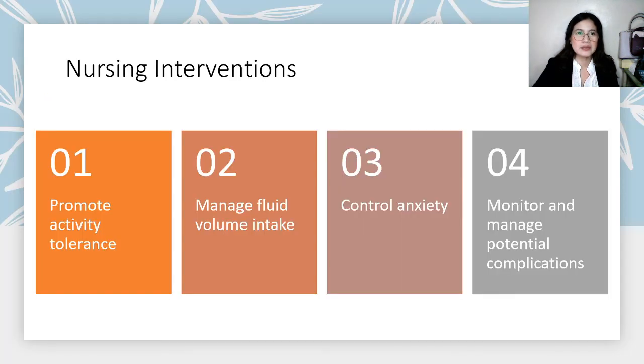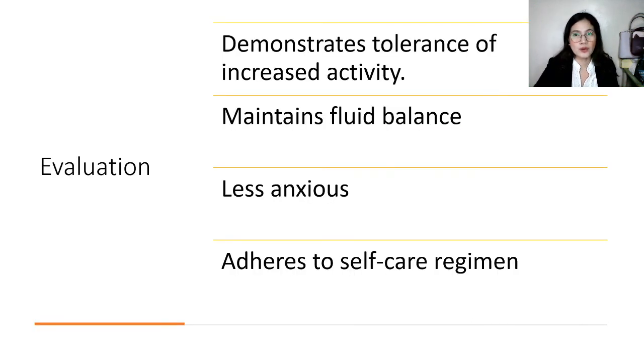Here are some of the nursing interventions: promote activity tolerance, manage fluid volume intake. You must also control the anxiety, and monitor and manage potential complications by checking everything, including drug medication, documenting everything, reporting significant findings to the doctor, and carrying out the doctor's orders.